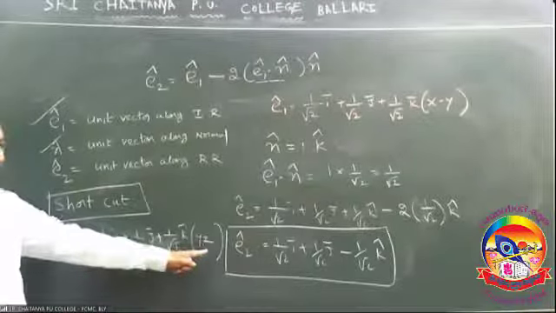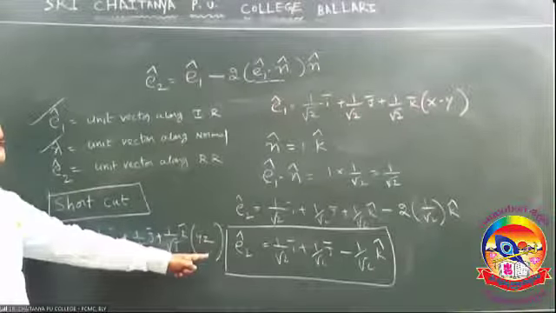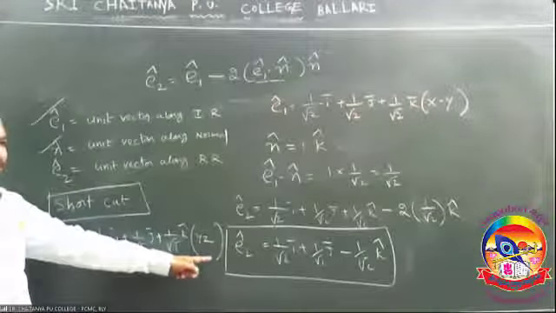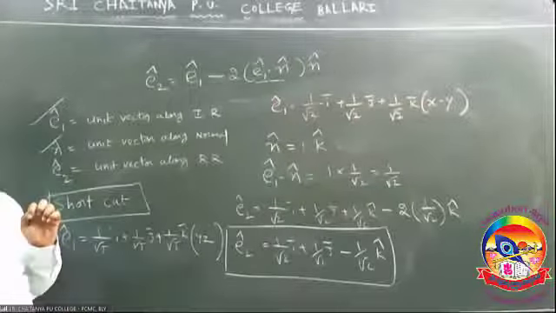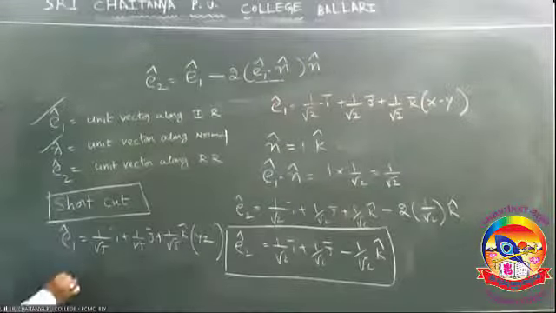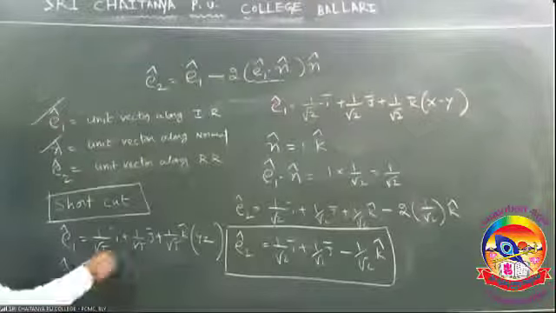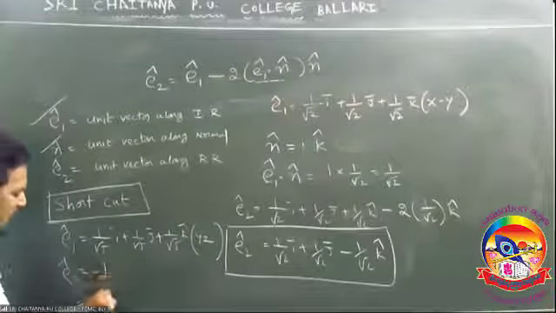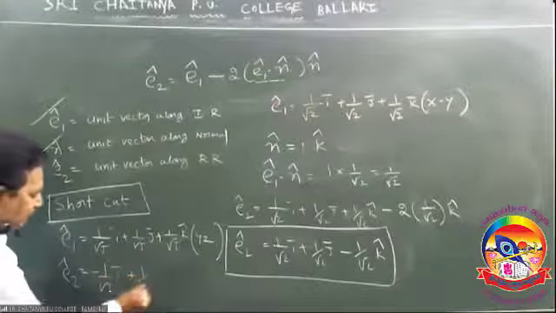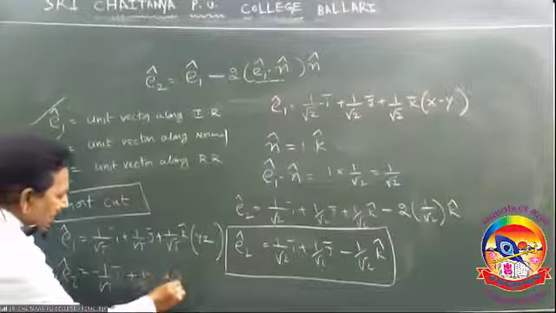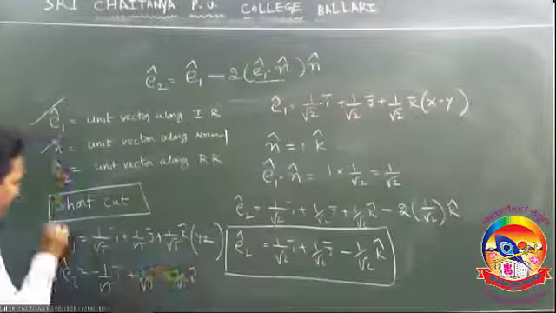YZ plane means the normal is what? X. X means I bar. Change the sign of I bar, remaining as it is. E2 cap is equal to minus 1 by root 5 I bar plus 1 by root 5 J bar plus 1 by root 5 K bar.